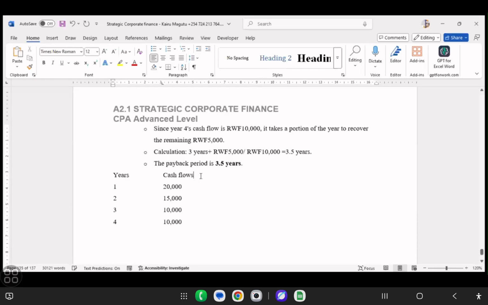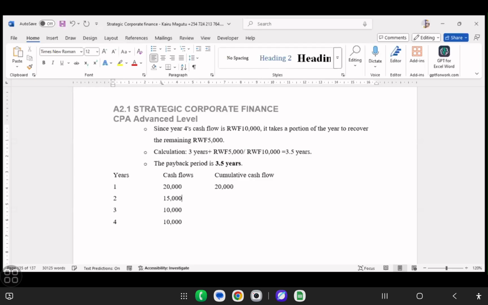If that is the case, then I want to give the last part, the cumulative cash flows. I want to cumulate these cash flows to the end. So by the end of the first year, we will have realized 20.